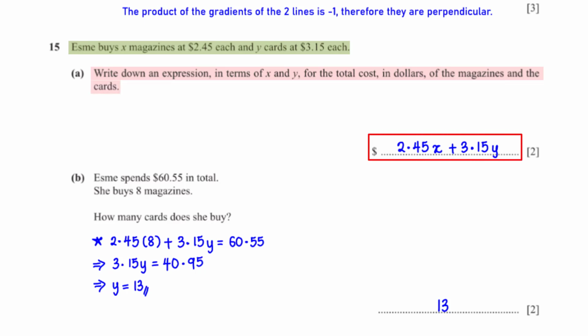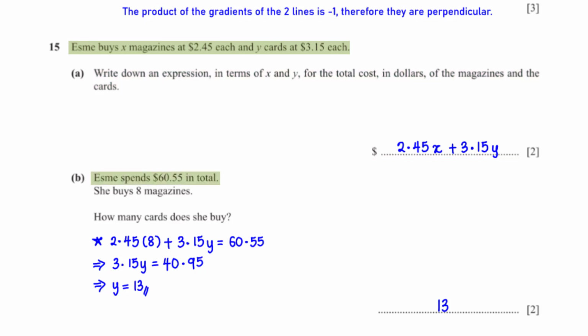The total cost will be the unit cost of a magazine, which is $2.45, times the number of magazines bought, which is X, plus the unit cost of a card, which is 3.15, times the number of cards bought, which is Y. Esme spends $60.55 in total. She buys 8 magazines. How many cards does she buy?